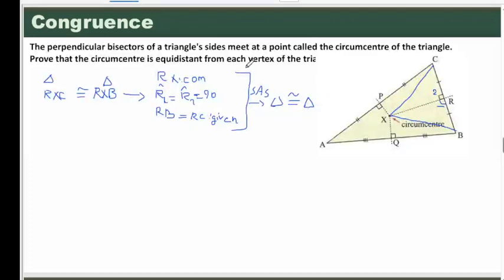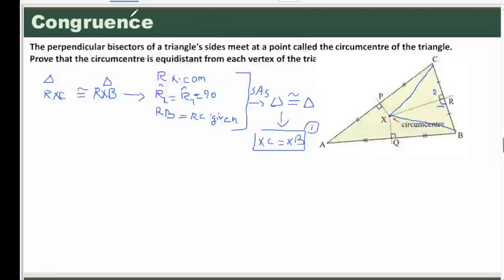So these two triangles are congruent, so XC equals XB. I get the result XC equals XB. It's step 1. I write it as step 1.